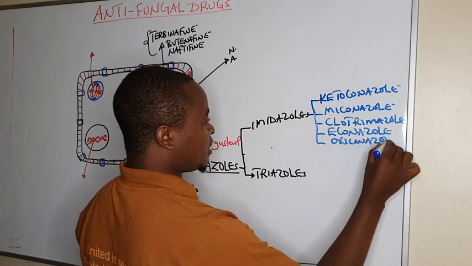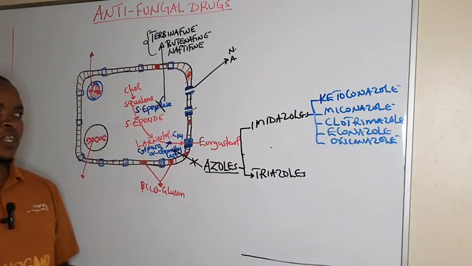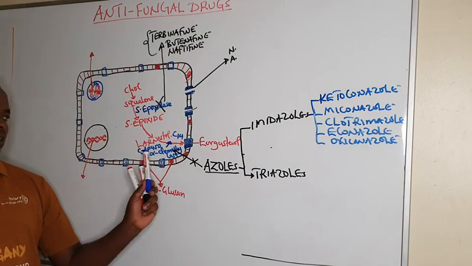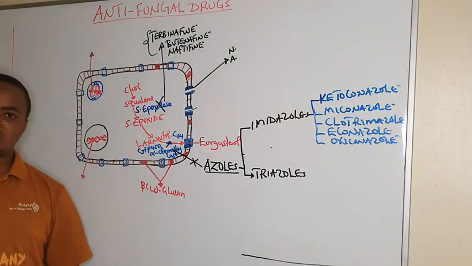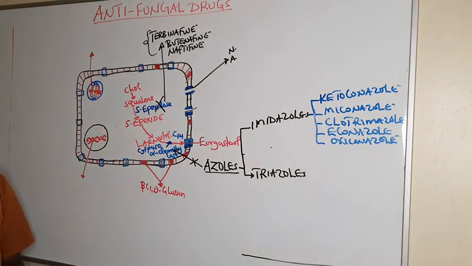These are some of the examples of the imidazoles, which act in this way by inhibiting formation of ergosterol, leading to fungal cell death.